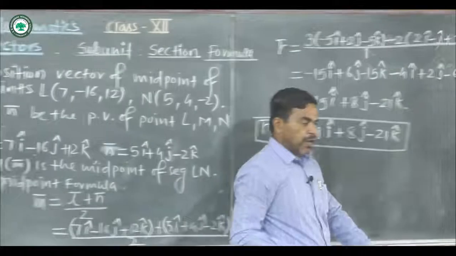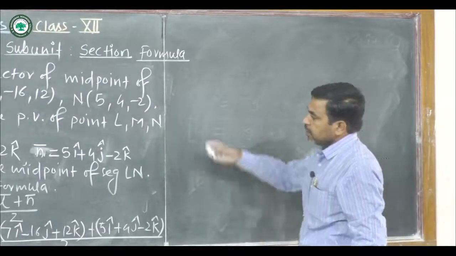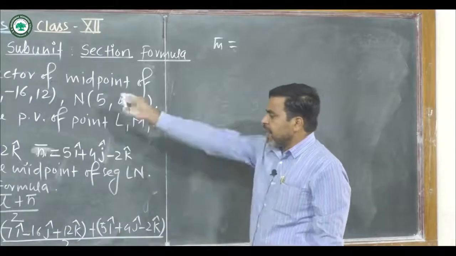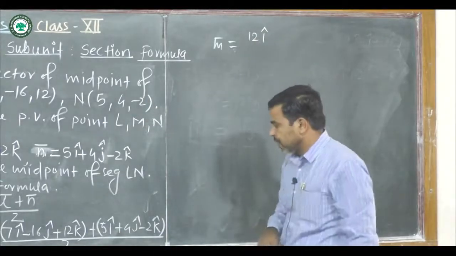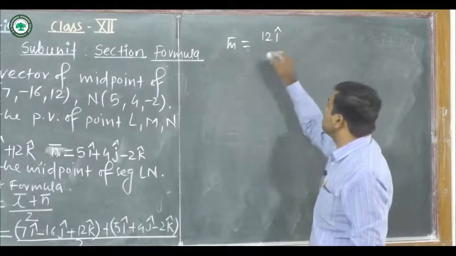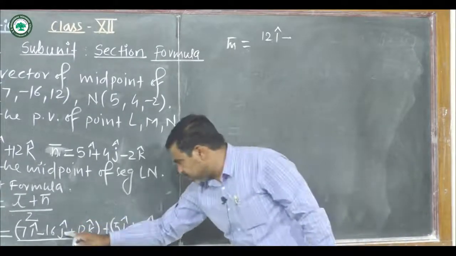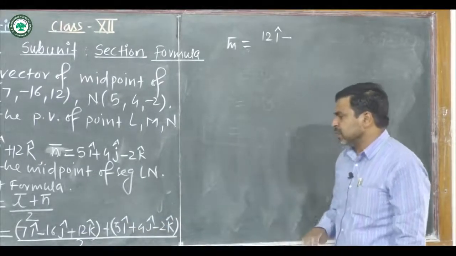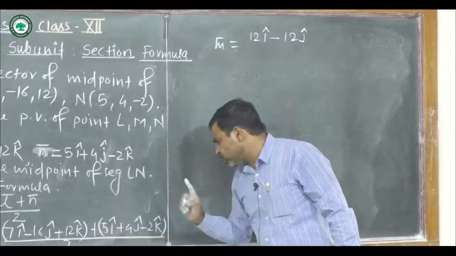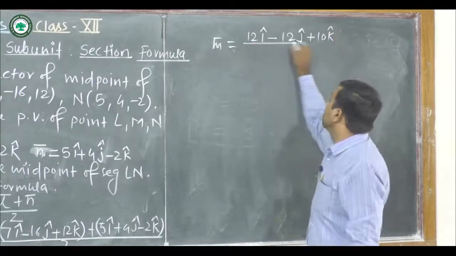Now take the addition of the two vectors in the numerator. So m bar is equal to 7i cap plus 5i cap, 12i cap; minus 6j cap plus 4j cap, minus 6 plus 4 becomes minus 2j cap; 12k cap minus 2k cap, that is plus 10k cap, divided by 2.